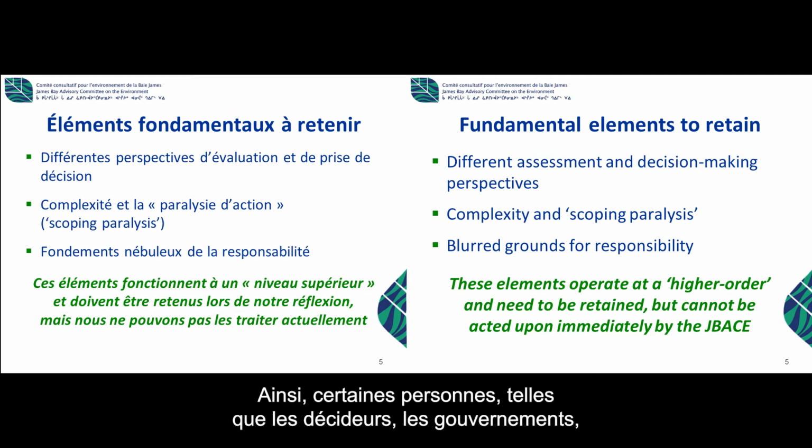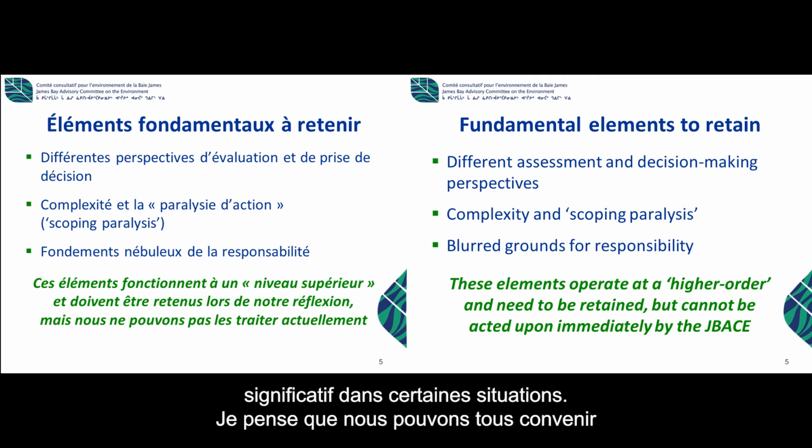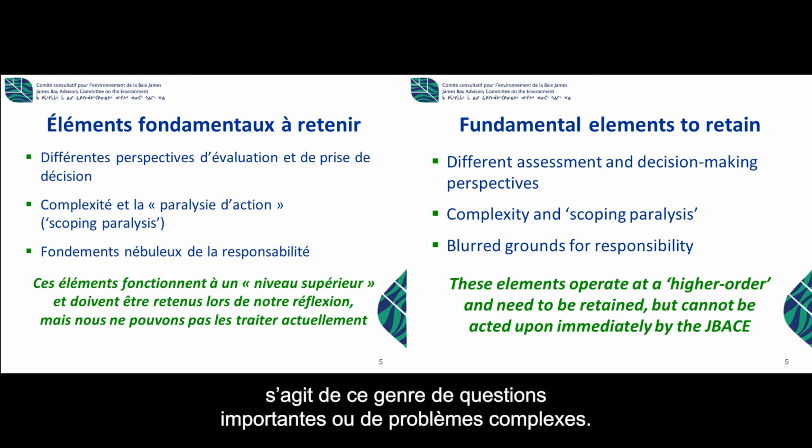So some people, decision makers, governments, practitioners can feel powerless in certain situations to do something meaningful. And I think we can all agree that this is more or less a generality that we're faced with when it comes to these sorts of big questions or wicked problems.